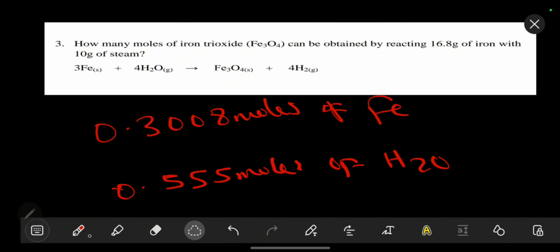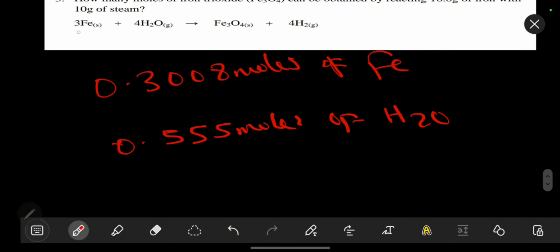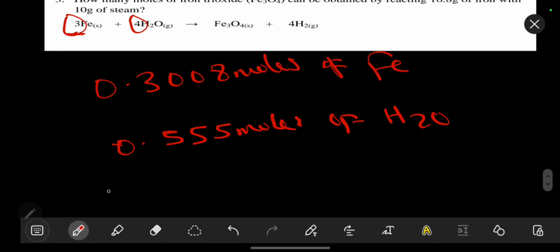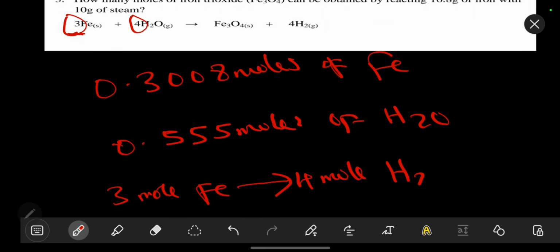So what you can just do is go for the one that you suspect to be the limiting reagent. According to the balanced chemical equation, the mole concept tells you that 3 moles of your iron can react with 4 moles of water, which is our H2O.